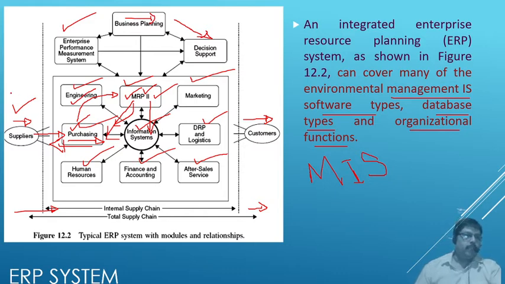We know first inbound, outbound, and in between what comes. We have already discussed this. That is production, where fabrication or assembling, disassembling are done. Based on that, the requirements of production are decided and the information is sent to the MRP and then to the purchase department.